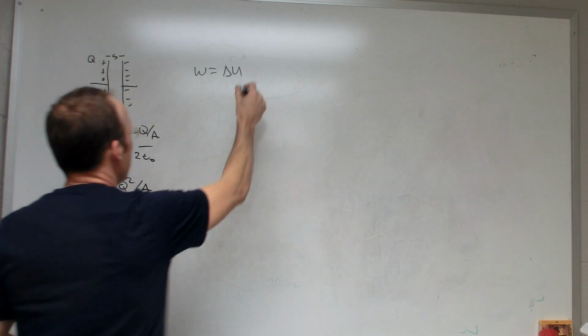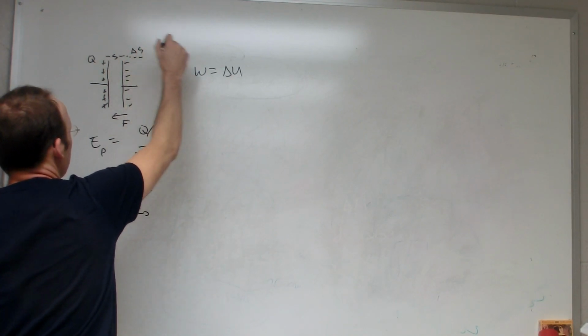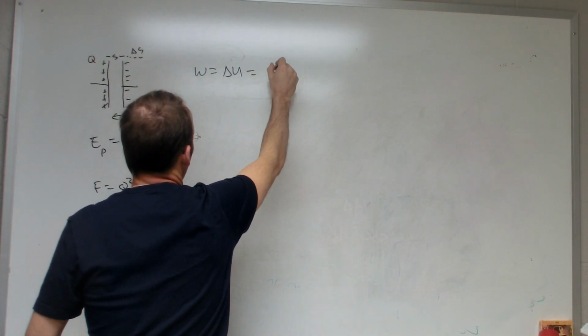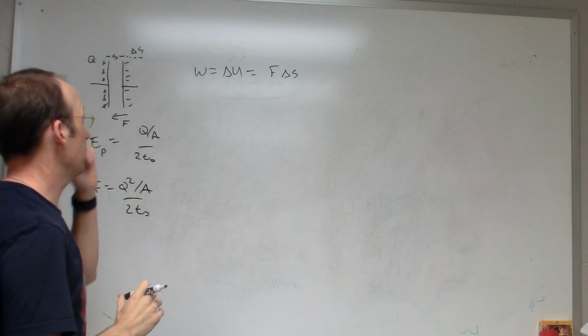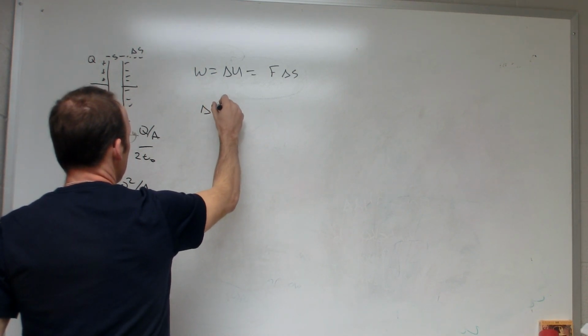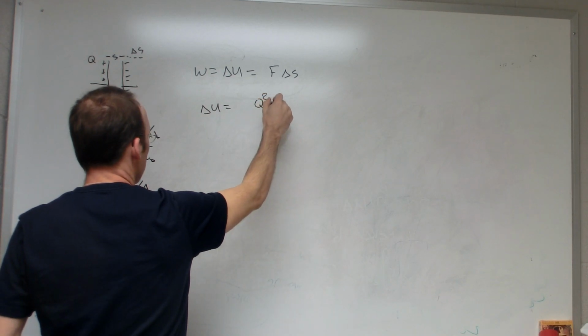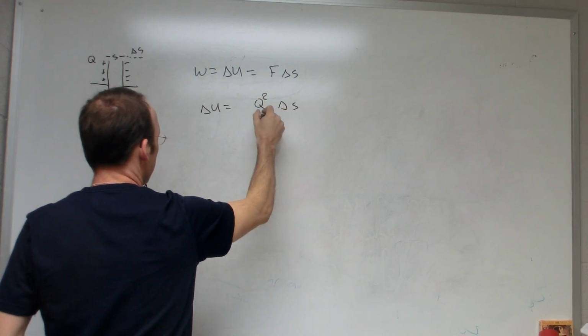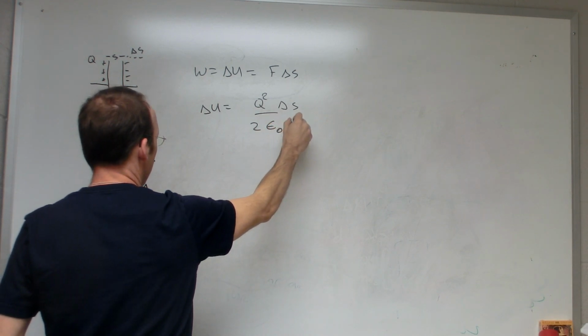Let's say this moves over delta S, then the work done is F delta S, and that's going to be the change in energy. So I can write the change in potential energy as F delta S, which is Q squared delta S over 2 epsilon naught A.